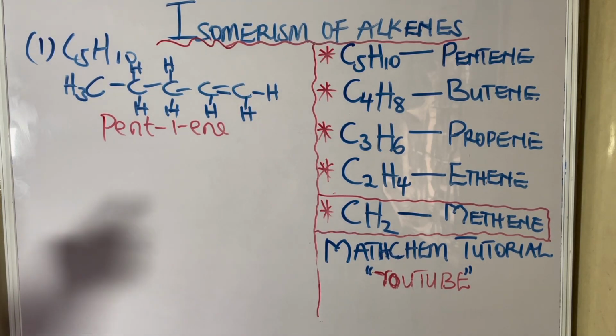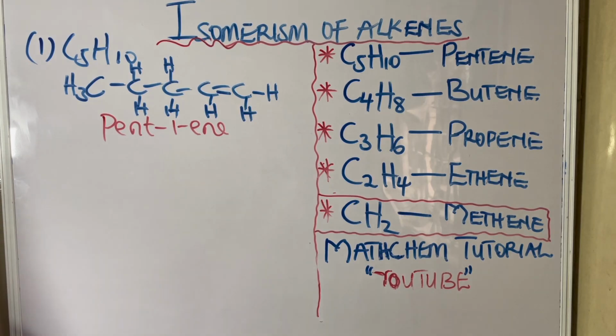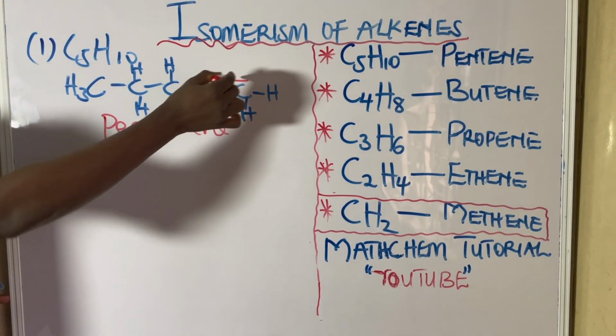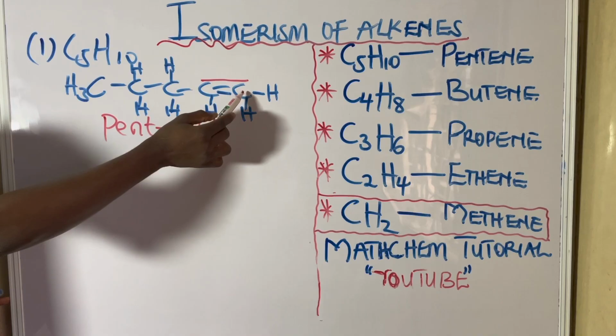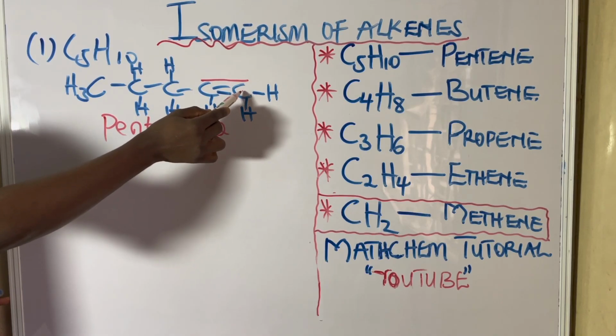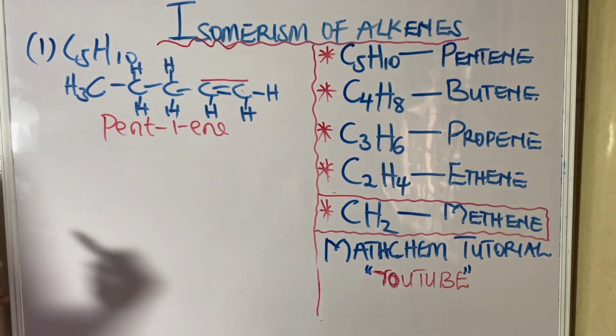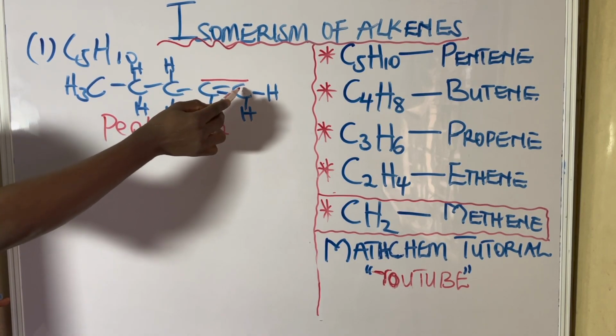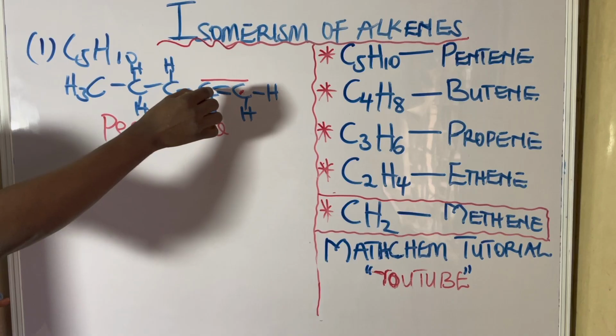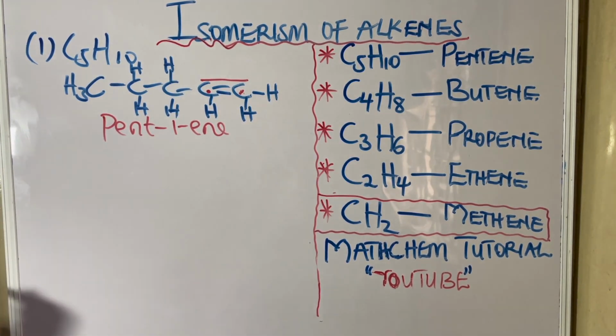Now, one of the conditions or rules that makes a compound to be in geometric form, I mean cis and trans, is that the carbon to carbon double bond, this carbon to carbon double bond here, the groups attached to this carbon here and also this carbon here must be two different groups.